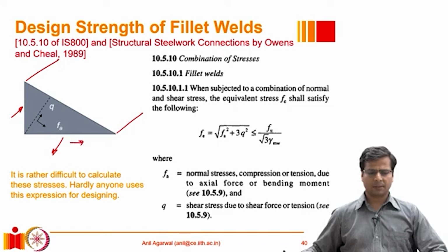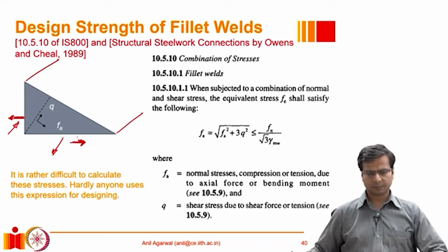And let's say there is a force acting in this direction, and this will be resisted in the form of a shear stress here, and what was shear stress here at the bottom edge turns into a normal stress at the vertical edge. Now at that interface, it is somewhere in between. It is partly shear, partly tension.